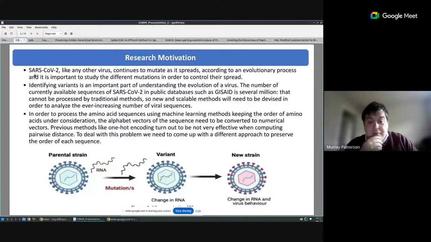So it's really trying to understand the diversity of variants. Just to be careful, this is how viruses evolve, but SARS-CoV-2 actually evolved very conservatively.